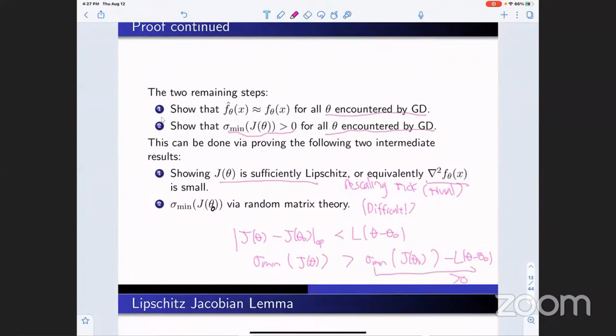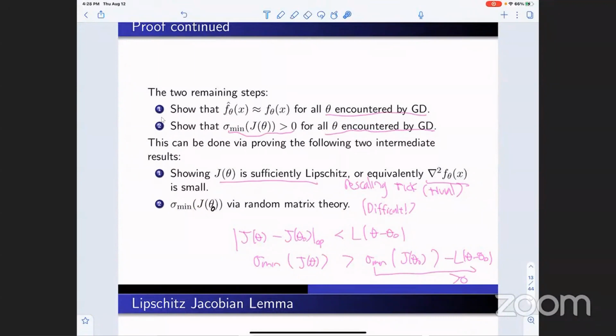And when this is positive, you converge geometrically. And because you converge geometrically, you don't move a lot, right? If you converge geometrically, it means your gradients are shrinking geometrically because the gradient norm is upper bounded by the loss. So you can just induct on this, right? You start out at a point where the sigma min is positive.